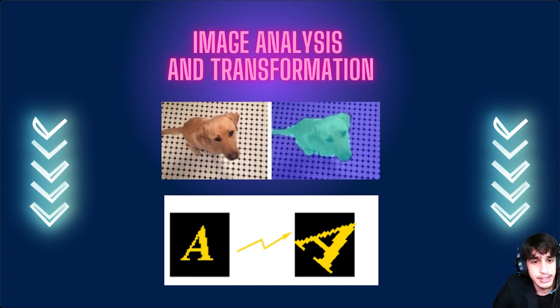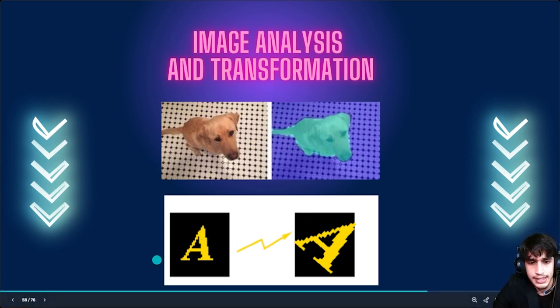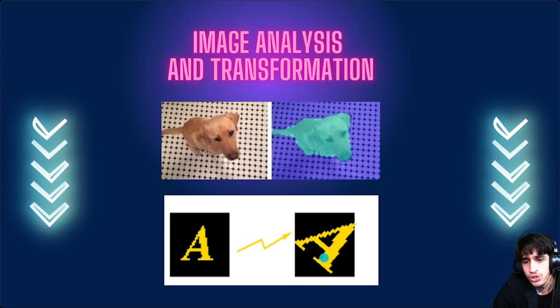While transformation refers to modifying an image to make it easier to analyze, like changing color, removing background, and other things. Just like this is A, and we just tilt it, so that we could make it easier for the analysis which we are doing. So transformation helps us in analyzing things. This was all about image analysis and transformation.